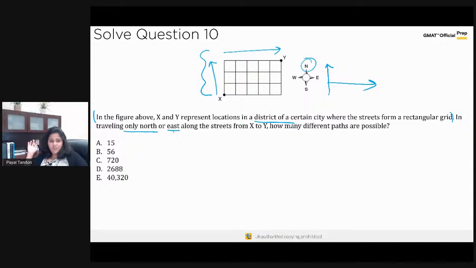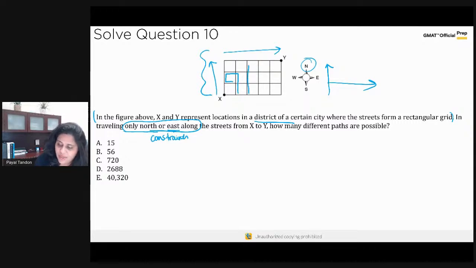One thing for sure is the information over here, traveling only north or east, is giving you the constraints. What this is telling you is that you can't be going like this and then deciding to go here and then here. All these paths, all this combination is not possible.